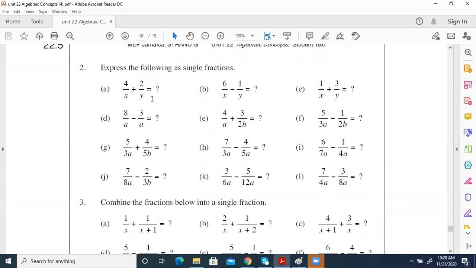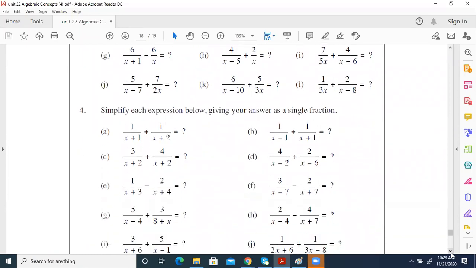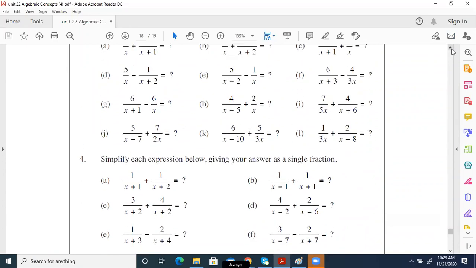Now these are more interesting now. If you look at the denominator, you have some variables x and y. So LCM in this case, most of the time is just a product of the denominator. Most of the time, not all of the time, right? So we'll be looking at these as well.